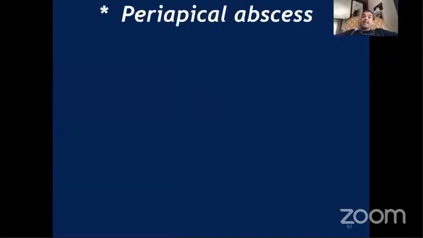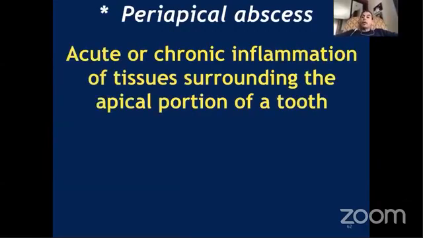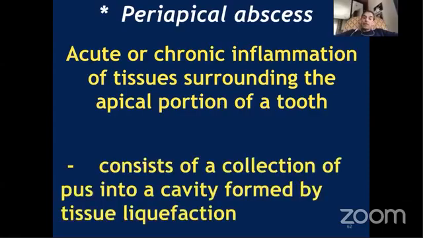The second type is periapical abscess, and it's an acute or chronic inflammation of tissue surrounding the apical portion of a tooth. It consists of a collection of pus in a cavity formed by tissue liquefaction.